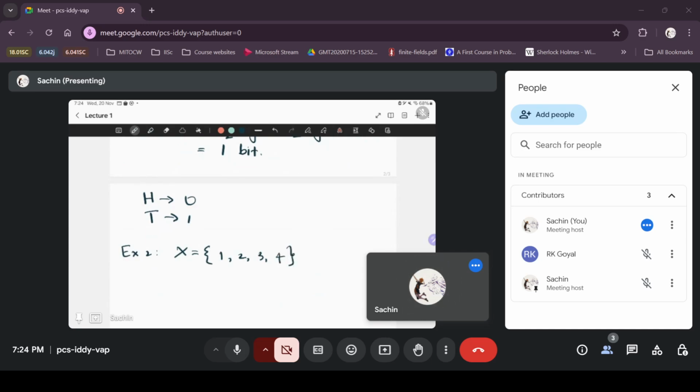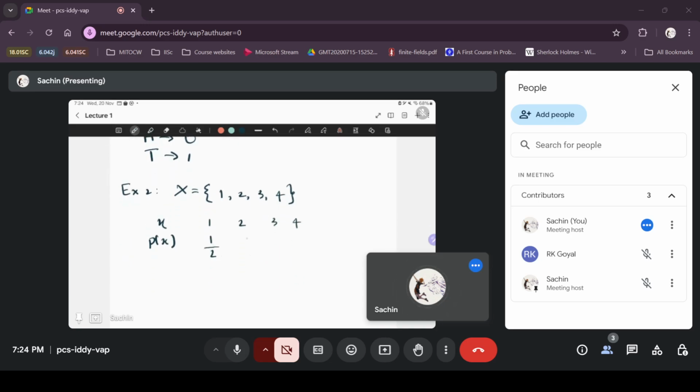The probability distribution here is p of x. This is the x value, and this is p of x. It can take 1, 2, 3, and 4. It takes 1 with the probability half, 2 with the probability one fourth, 3 with the probability one eighth, and 4 with the probability one eighth.